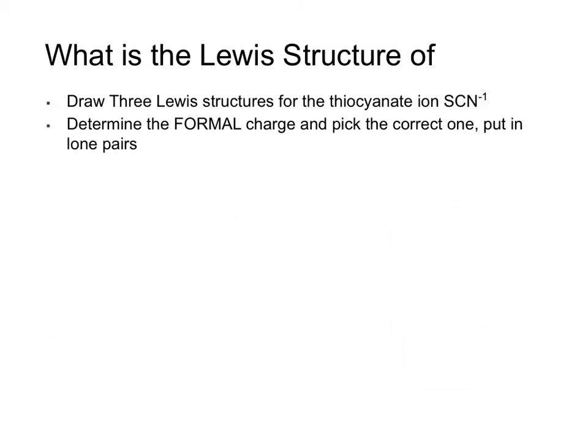Here we're going to look at our resonance structures of the thiocyanate ion SCN- as we did in the last video. And so again, we would start our Lewis structure by placing carbon in the middle, single bonds connecting the sulfur and the nitrogen to the carbon.